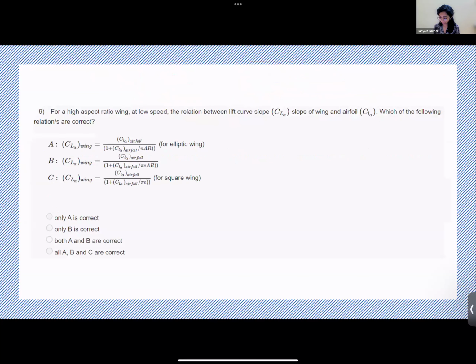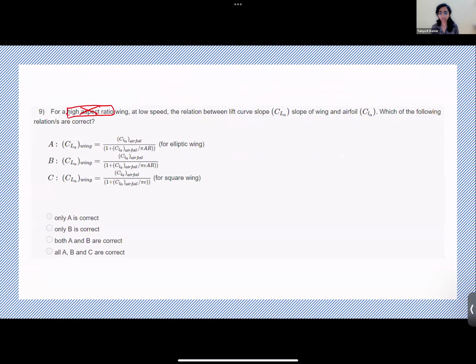Okay, next question. For high aspect ratio wing, this question somebody had brought up on the forum. So let's just ignore this high aspect ratio, okay? Just ignore that. For a wing at low speed, the relationship between the lift curve slope of the wing and the airfoil is given below. Okay, so they're giving you 3 relations.